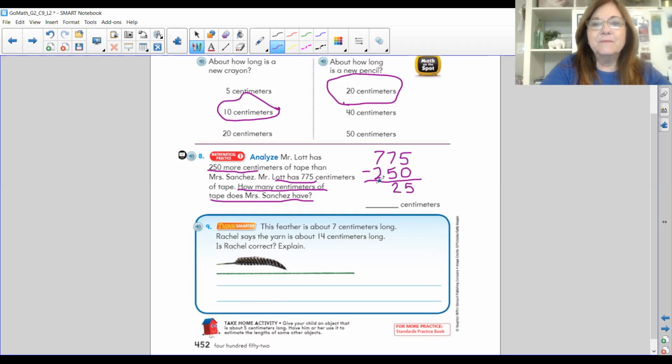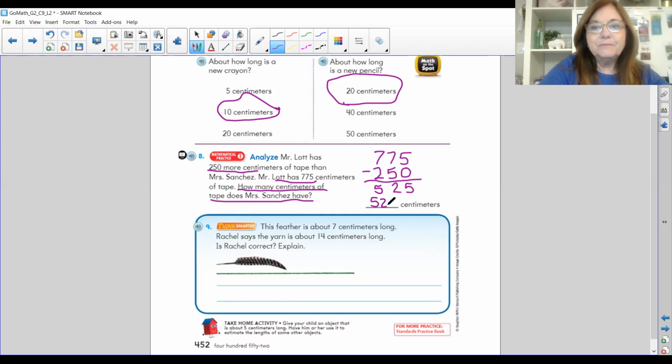And 7 minus 2, that is 5. Okay, so 525 is what Mrs. Sanchez has. Sorry, that's Mrs. Sanchez, because it has an S, M-R-S. Mrs. Sanchez has 525 centimeters of tape.